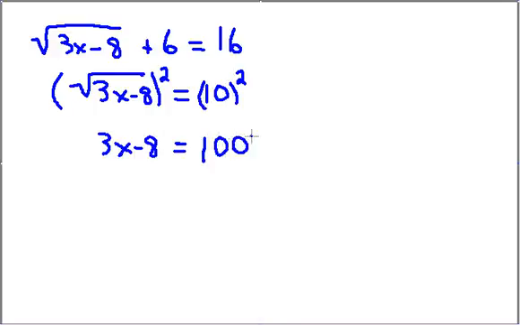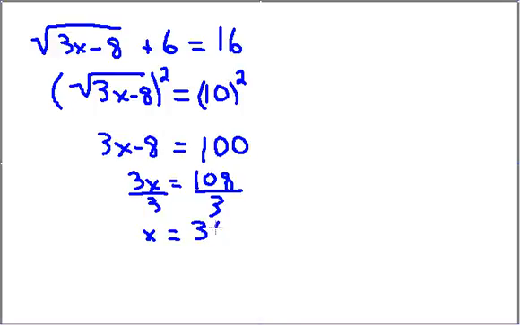Now we continue to solve for x. We need to add 8 to both sides, so that's going to leave us with 3x on the left and 108 on the right. We now need to divide both sides by 3. That's going to leave us with an x on the left and a 36 on the right.